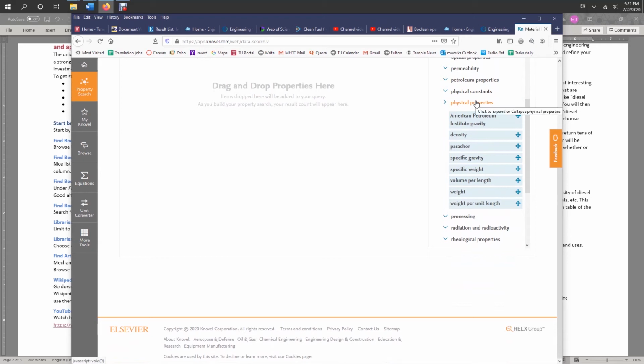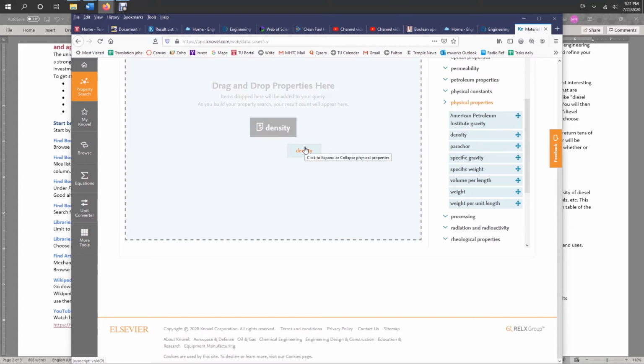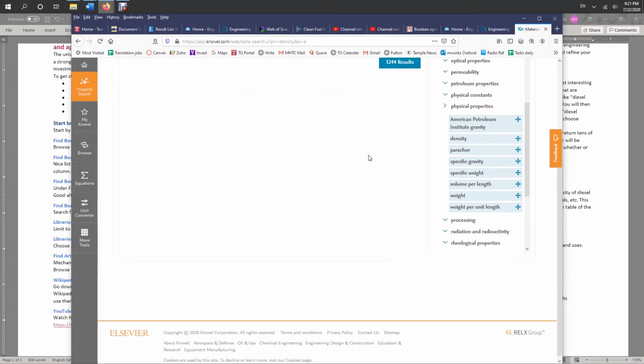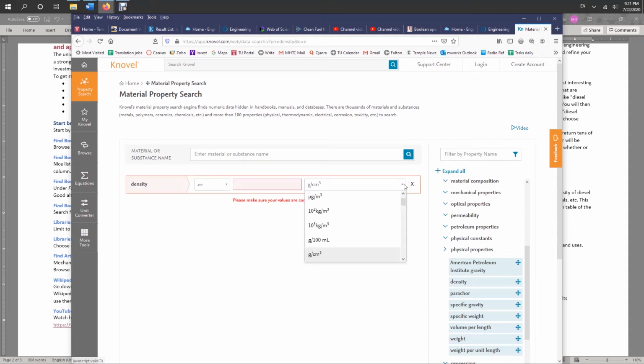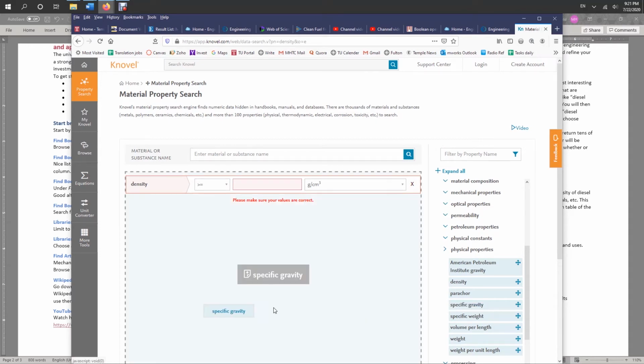So these are physical properties, and then the subcategories, density. I see what you can do. You can actually just drag that in here. Density. So if you want to find a material where density is, I don't know, you don't even need to know the actual value, but just by selecting that density, you see density is measured in grams per cubic centimeter. At least that's one way of measuring it. Here's other ways of measuring density. Okay, specific gravity, for example.